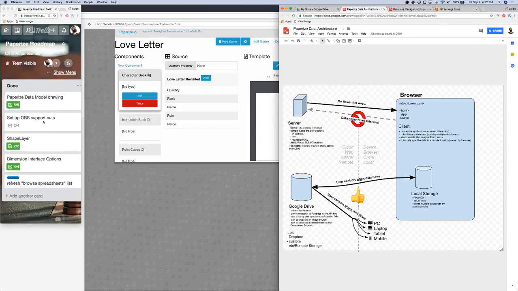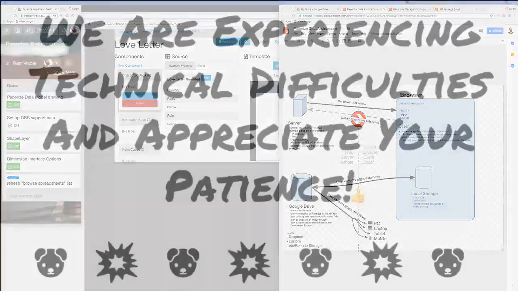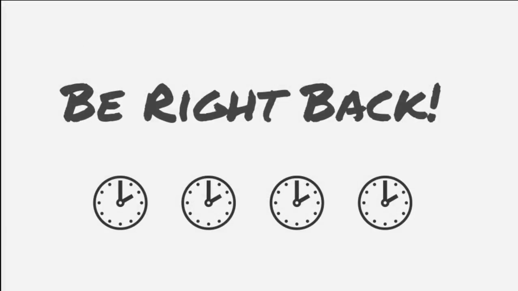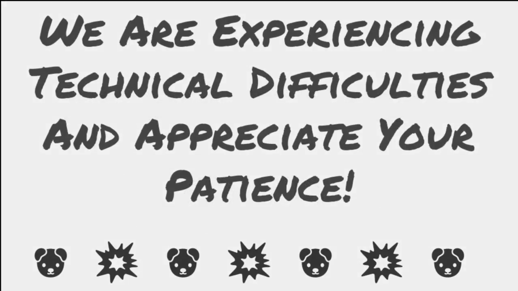We set up these support cuts. Just to show them off one last time, I've got my technical difficulties cut and my break cut. So now I can go on break and deal with the dogs when they explode into vicious posturing.